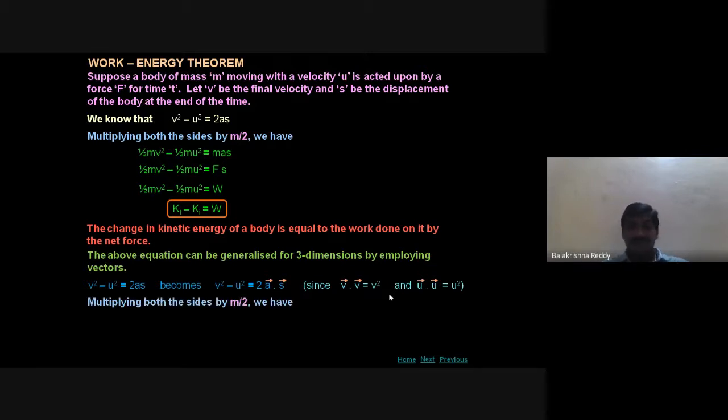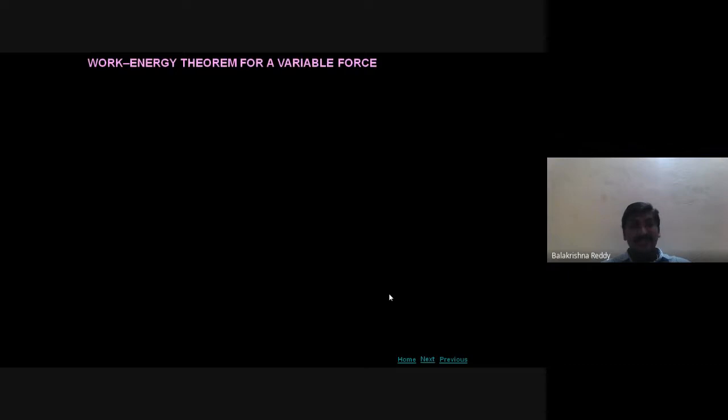In the same manner, if I multiply by m by 2, I have the same equation as previously. Therefore, the change in kinetic energy gives the work done. Vectorially also, I get the same thing. So this is the work energy theorem.